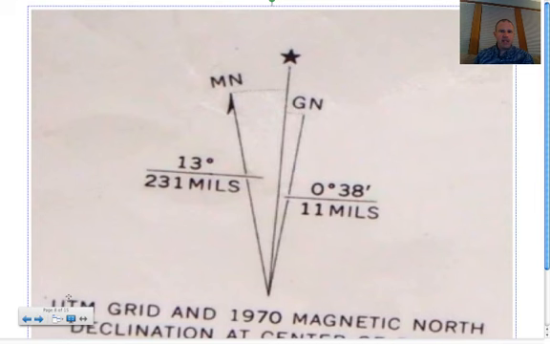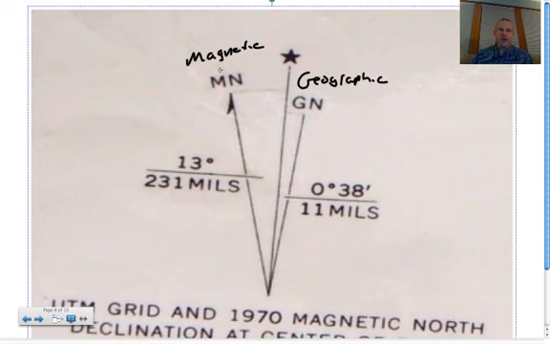And then the last page here that I want to show you really quickly is magnetic declination. So we are showing here that this is magnetic north, and then this one over here is geographic north.